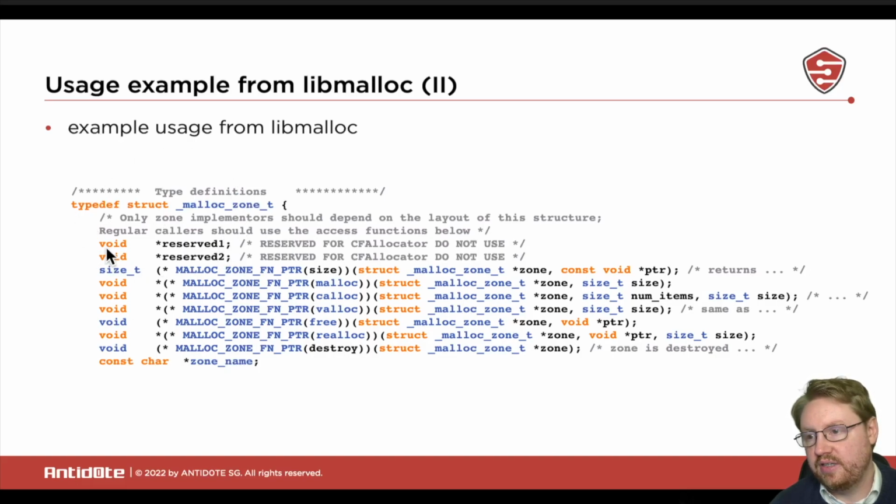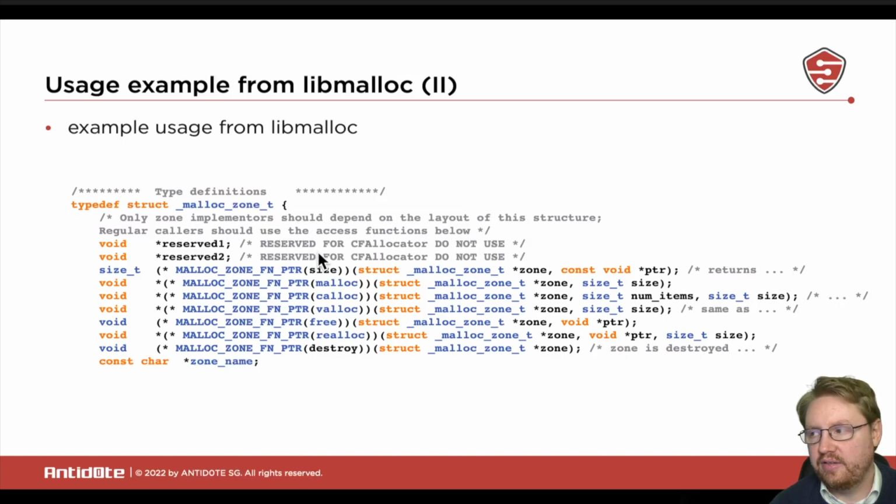You can see here, we're defining here the type of the malloc zone structure. And in the beginning of this structure, we basically have a bunch of function pointers to all the different malloc functionality, like size, malloc, calloc, valloc, free, realloc, and destroy, and it actually continues here.